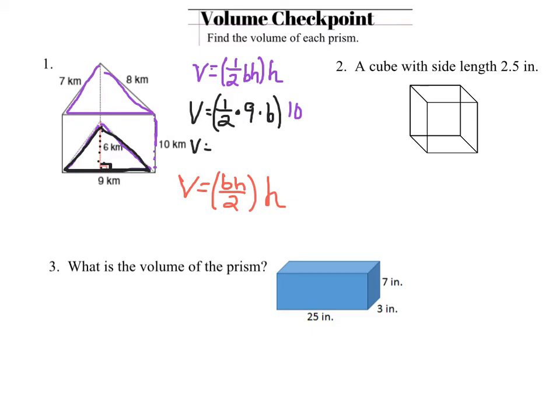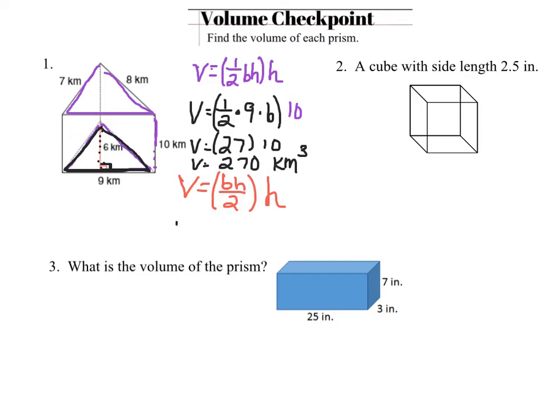So in this parentheses, 1/2 times 9 times 6 is going to be 27. And then I'm going to multiply that by 10. So my volume is 270 cubic kilometers or kilometers cubed.